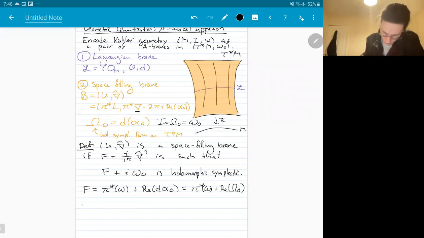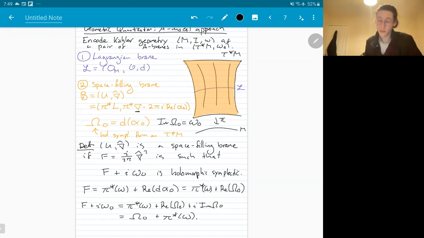So if we take F plus i omega naught, what we get is pi star of omega plus the real part of omega naught plus i times the imaginary part of omega naught. So that's omega naught. This is the original holomorphic symplectic structure, but deformed by adding the pullback of the Kähler structure.